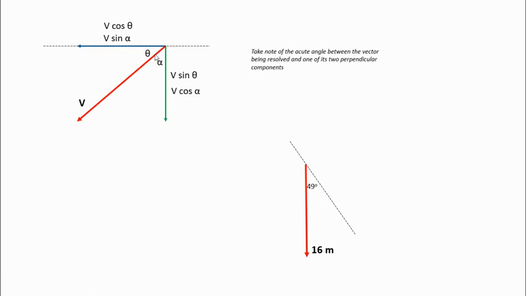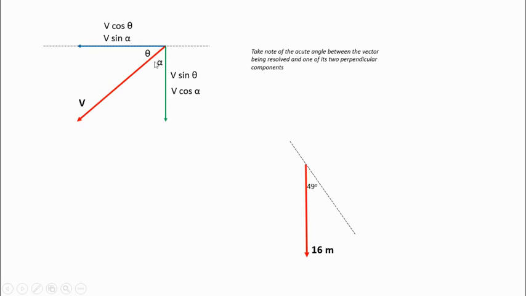And based on our knowledge of trigonometry that we just looked at, the component that is adjacent to the angle is going to be V cos theta, and the component that is opposite to the angle would be V sine of the angle.